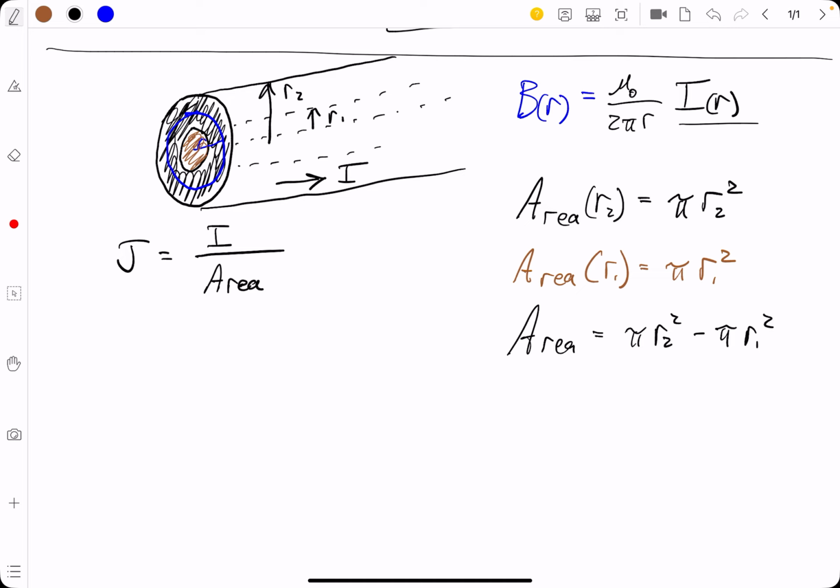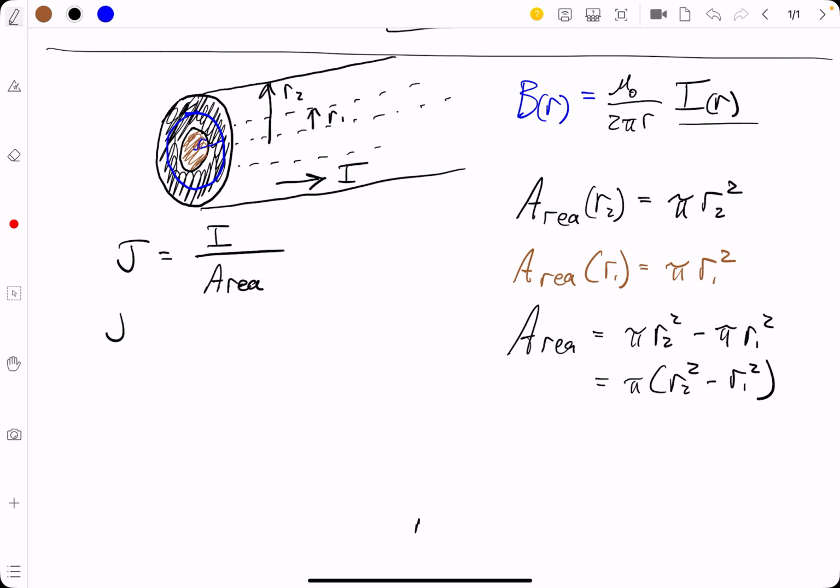Cool. We can factor out the pi's, and we're going to end up with pi times R2 squared minus R1 squared.